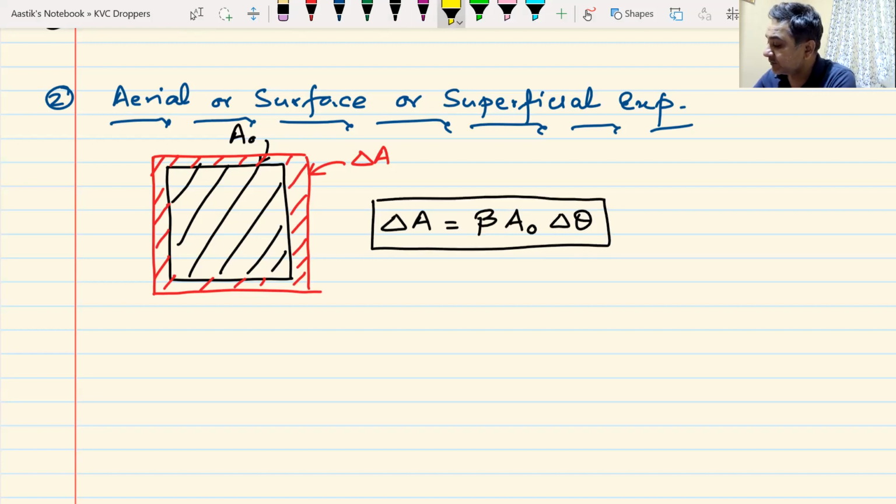This beta depends on the material, and this beta will now be known as what? We know the answer. It will be now known as the coefficient of aerial or superficial or surface expansion.